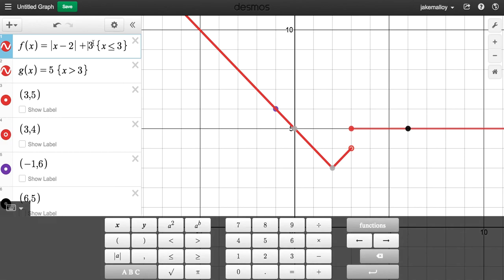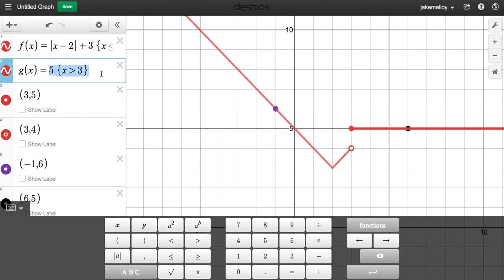And you can see that here, less than or equal to 3, and this. Now if you were putting this in piecewise function notation, you'd have the open curly bracket, the brace through here, and then they would both be called f of x.